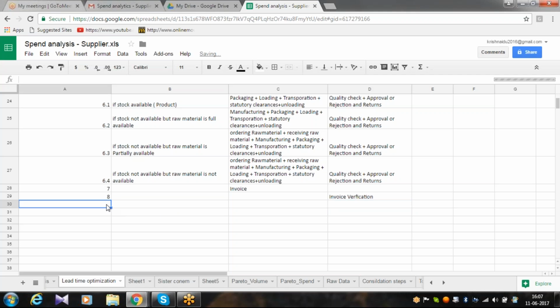And the last step is payment, invoices as per PO and delivery.